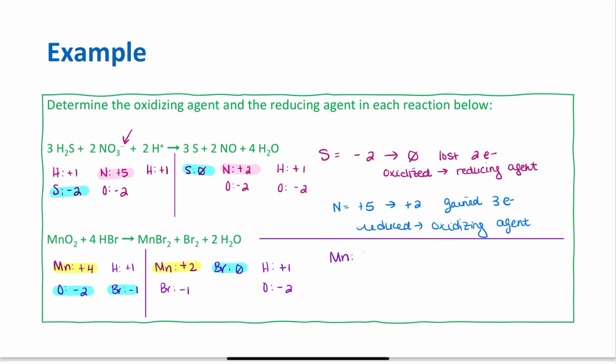So my manganese went from +4 to +2. It gained 2 electrons, which means it was reduced, and it's my oxidizing agent. My bromide went from -1 to 0, meaning it lost an electron.